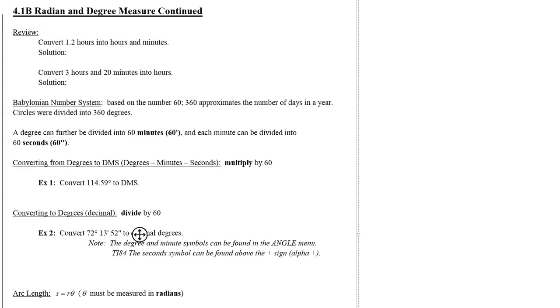So if I said convert 1.2 hours into hours and minutes, then you would know that you have 1 hour, and then that 0.2 hours, you're going to have to multiply that. You want hours to change to minutes. So there's what your conversion looks like.